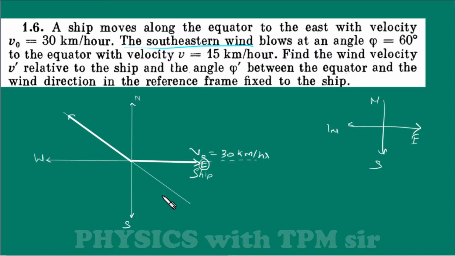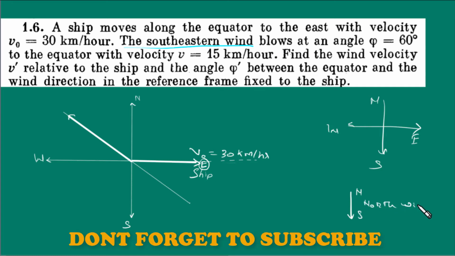So let's understand the terminology of this direction of wind. If the book is saying that it is a north wind, that means it is blowing from north to south. This is called north wind. If they are saying it is east wind, that means wind is blowing from east towards west.